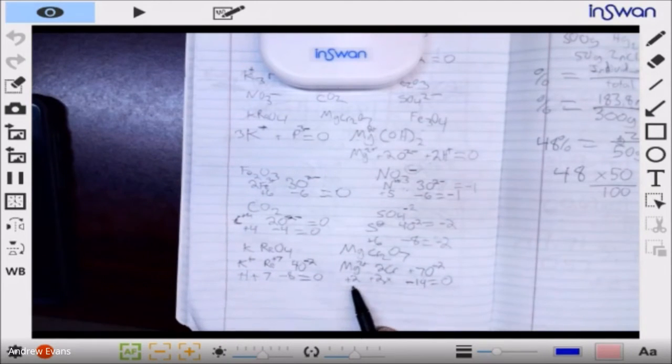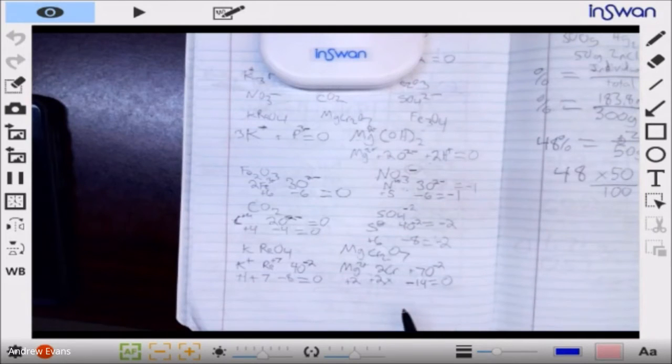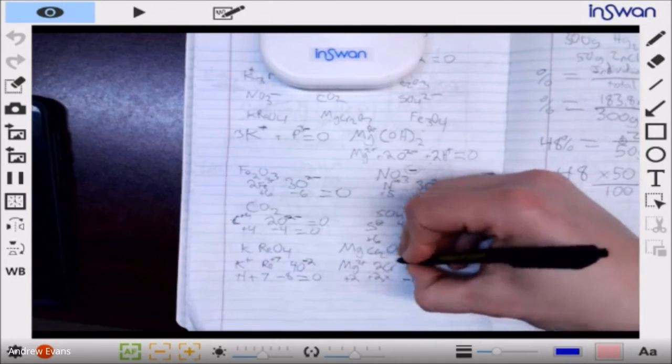So 2 positive -12, -14 is -12. So that means 2x must equal +12. In that case, x must be 6, because 6 plus times 2 is 12. So chromium is 6+.